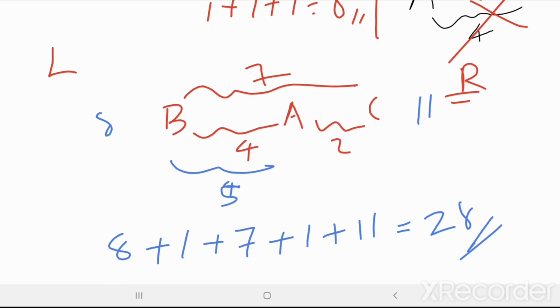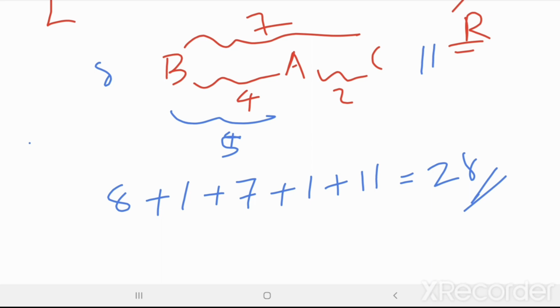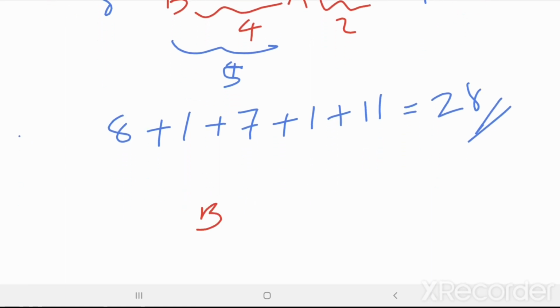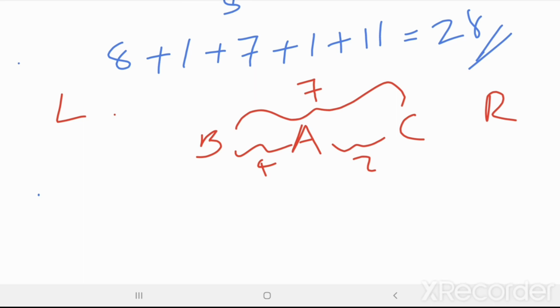Earlier we considered the right side as the front side of C. Now we are considering the left side as the front side of C. Then the arrangement will be B, A, C. This is 7, this is 4, this is 2, this is the right side and left side, and 11 persons ahead of C. So up to B, 7 plus B, there are 8 persons.